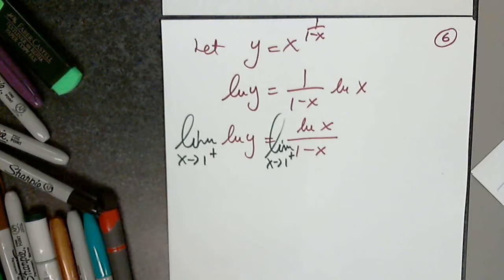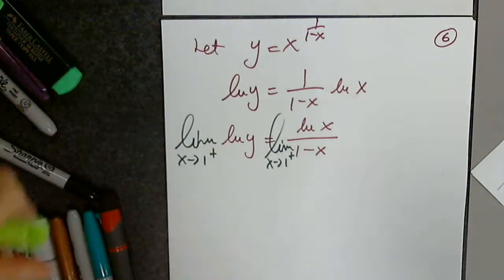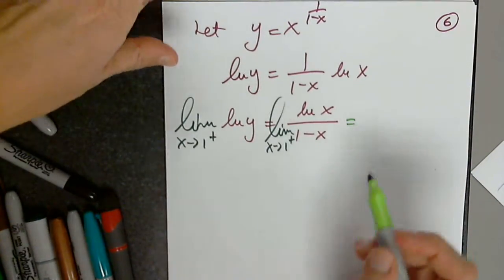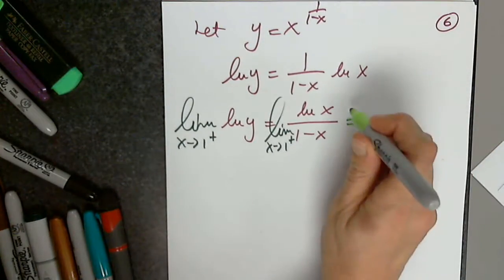Although this is not what we are asked to do. We're not asked to find the limit of the natural log. But then, under certain conditions, what are we going to do with these two operators, the limit and the natural log? Swap them. Yes. Very good. So then, now I look at this. I plug in again. Tell me what we have at the top.